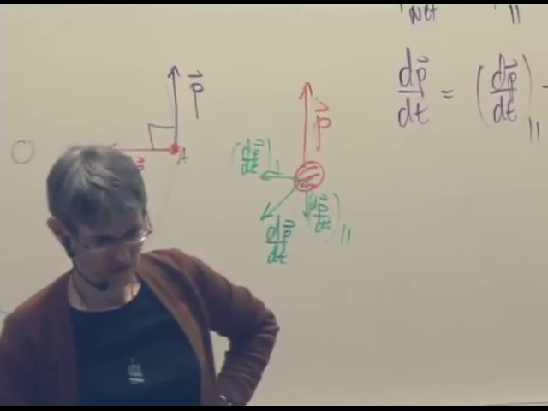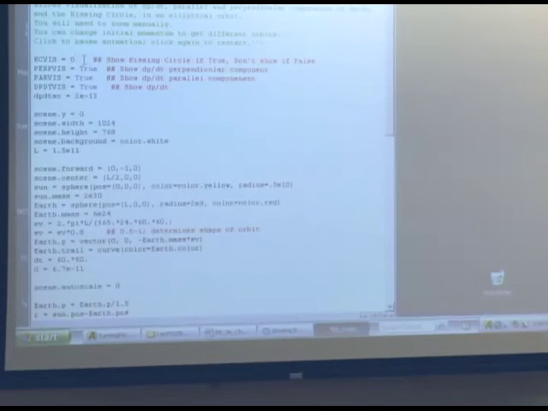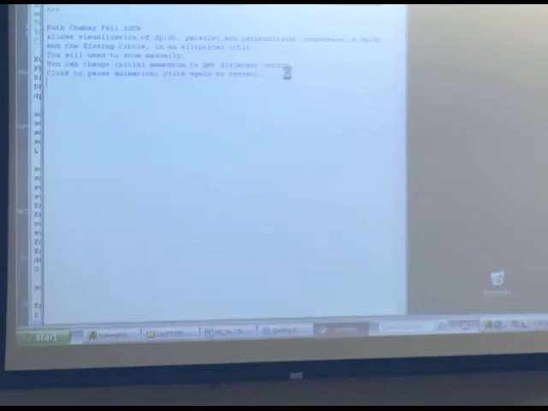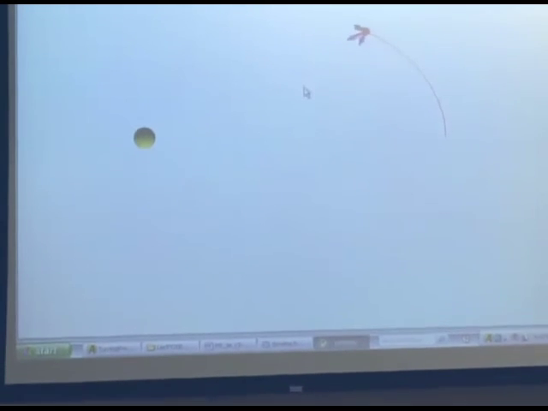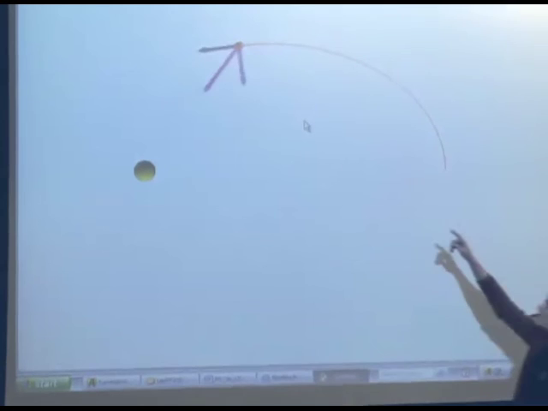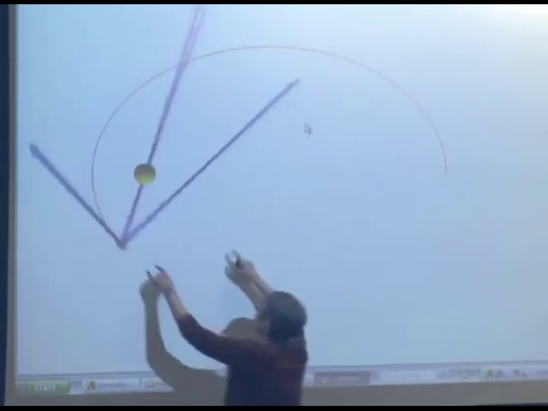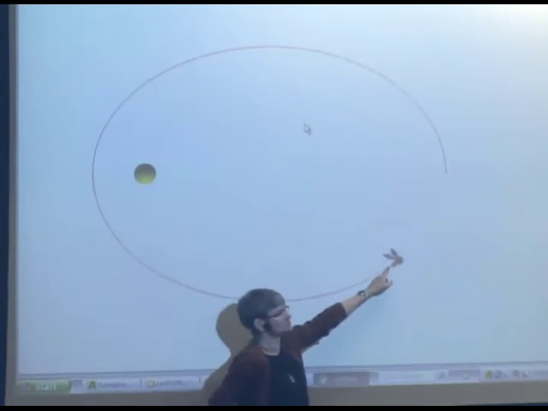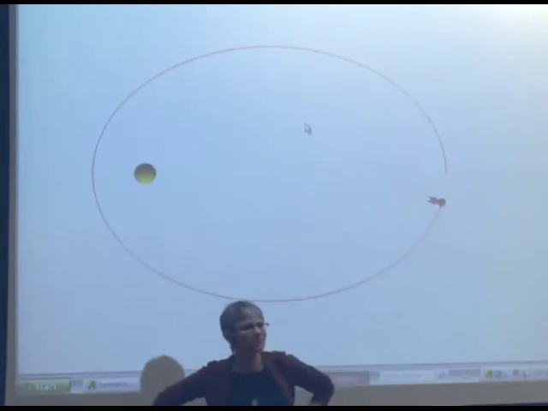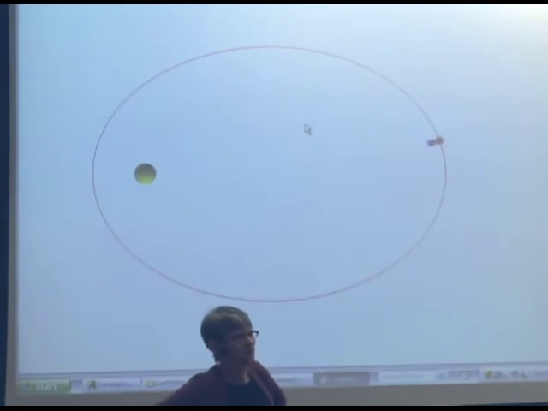Okay, so that's what we're talking about. Let's look at that program again. Okay, so the magenta arrow is the rate of change of momentum. We said this was the perpendicular component. That's the parallel component. Perpendicular and parallel to what? The momentum. The momentum at that instant.